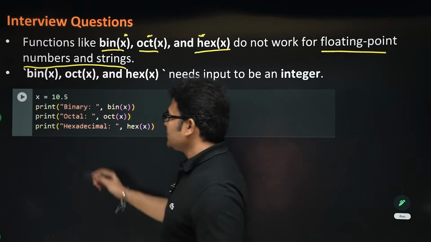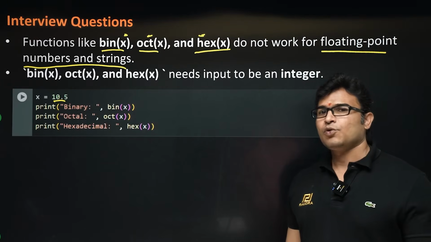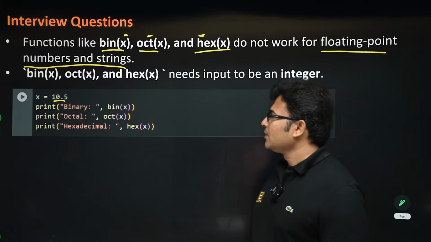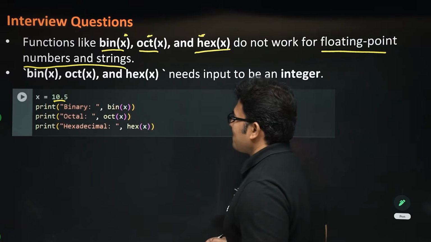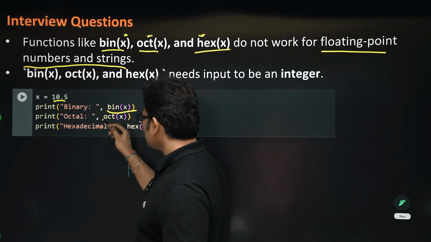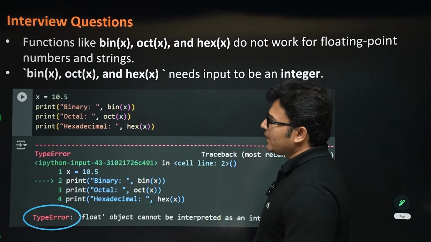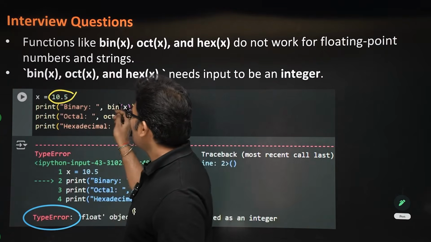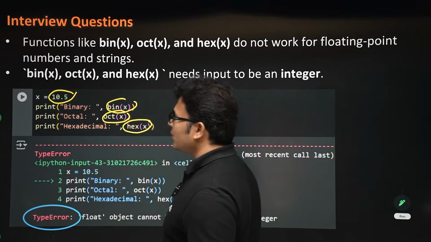So here x equals 10.5. 10.5 is a floating point number, right? When you write bin of x, oct of x, hex of x for floats, all of them will fail. You cannot convert a floating point number into binary, octal or hexadecimal.